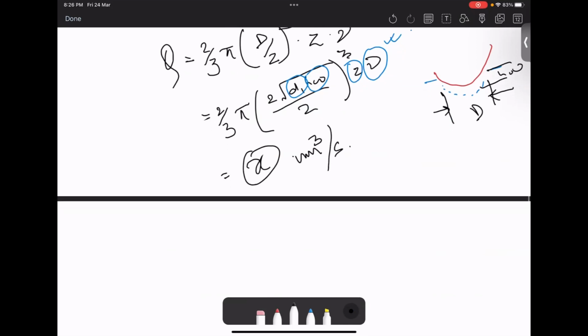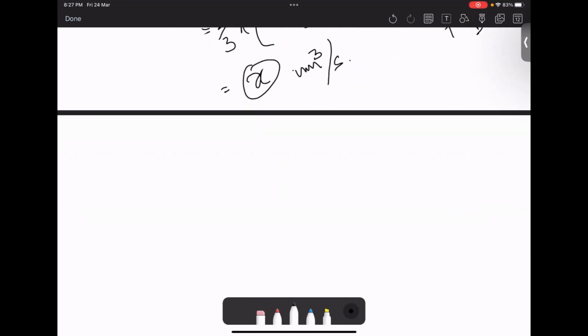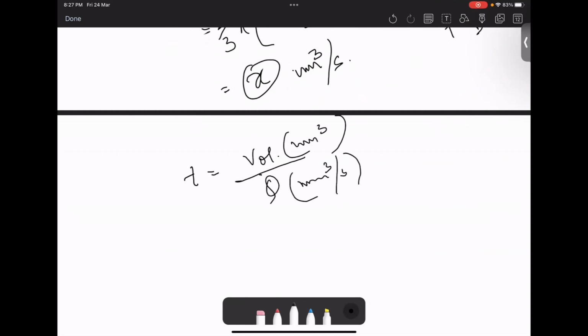So once Q has been found out, you find out the time required to make the hole. It's the volume removed divided by the removal rate. So this is in mm³ and this is in mm³ per second. When you do that, you get the time T, and the unit is seconds. So that solves your question.